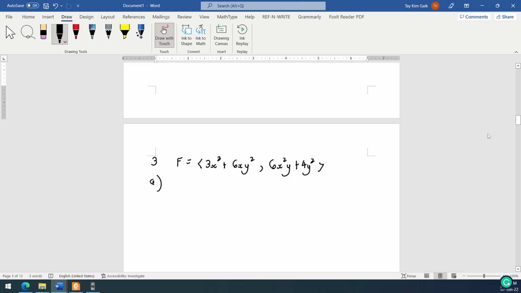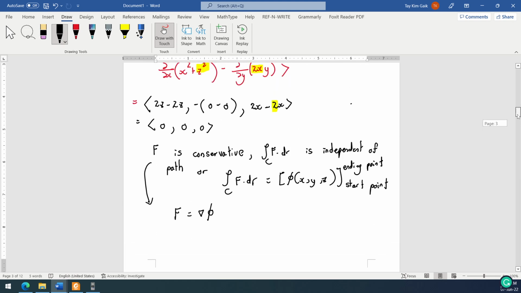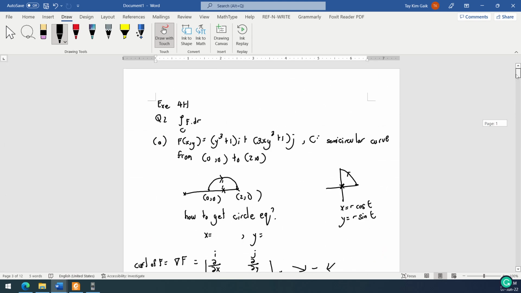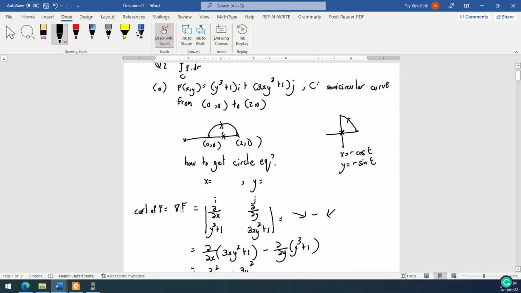Just now, on the notation of the curl of F, in the example question 2, I left out the cross there. I left out the cross, because del is a vector.